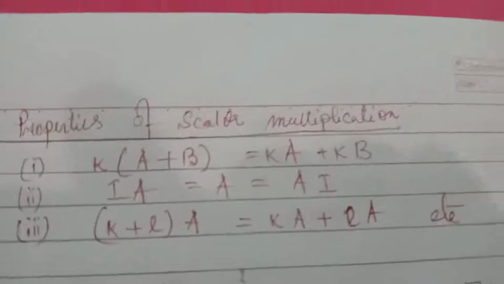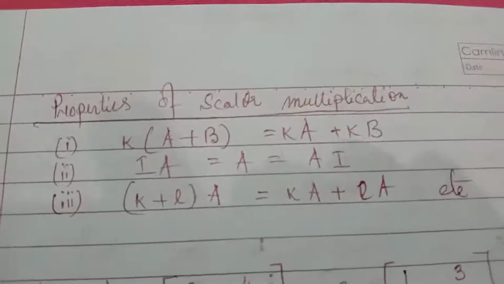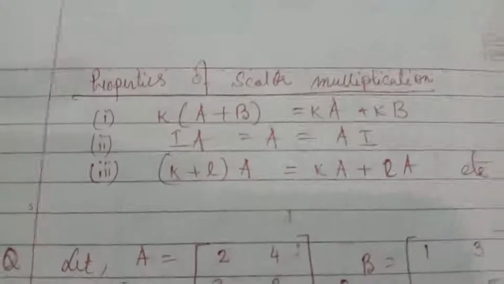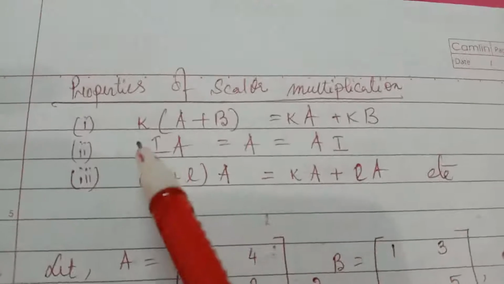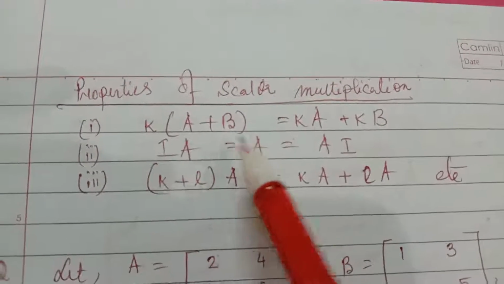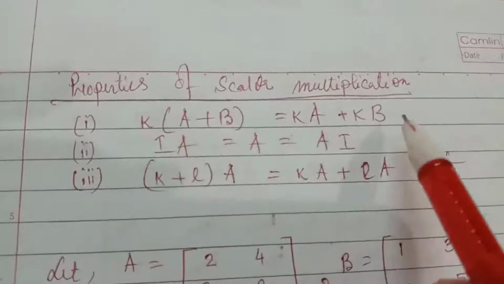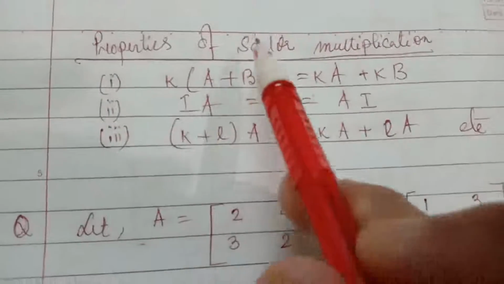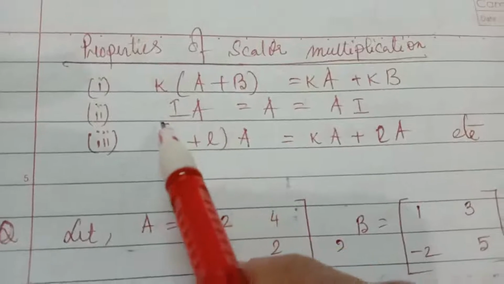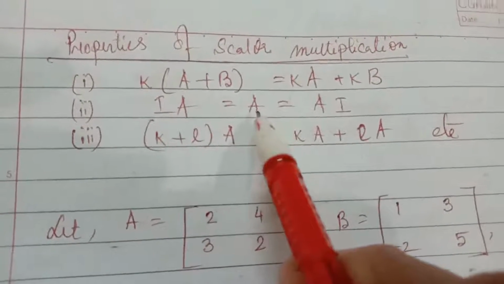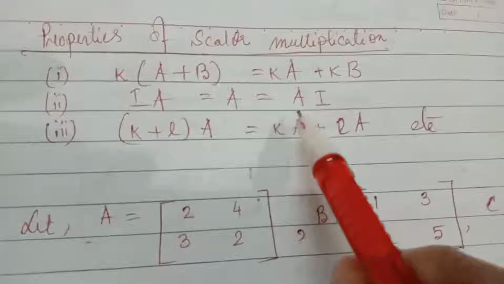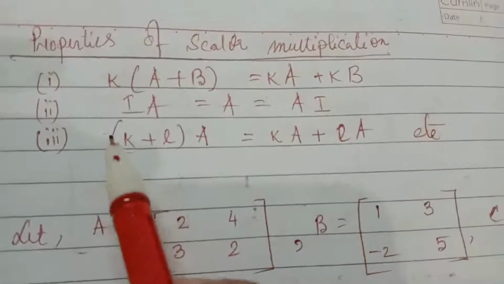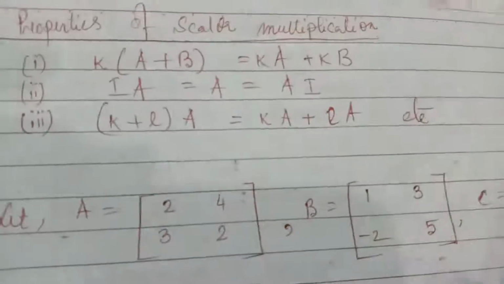Here I have written three properties of scalar multiplication. Suppose K is any number and A and B are two matrices. Then K into A plus B is equal to KA plus KB. For any matrix A, identity matrix into A is equal to A, and A into identity matrix is again A. So identity matrix into another matrix equals that matrix.